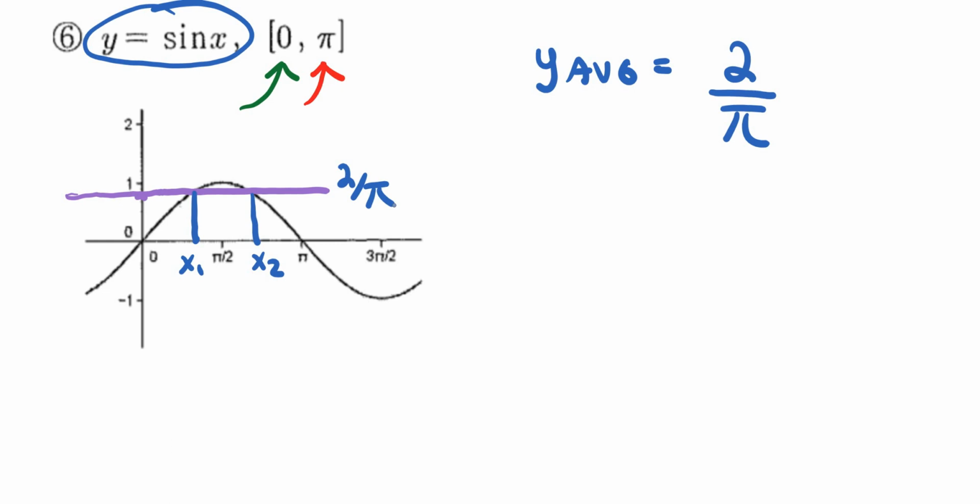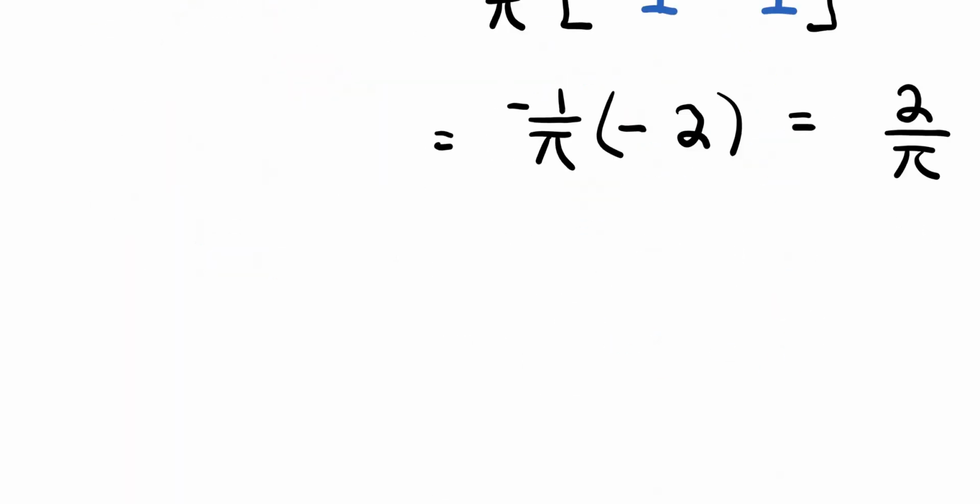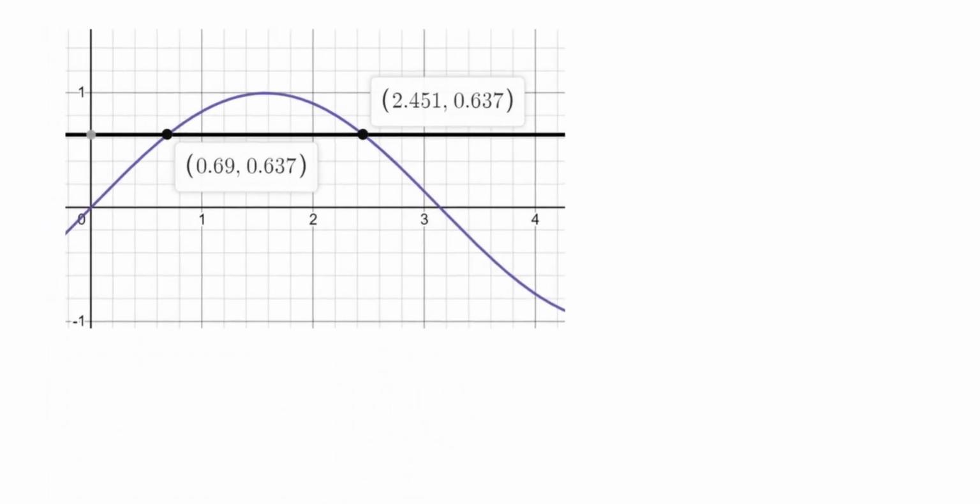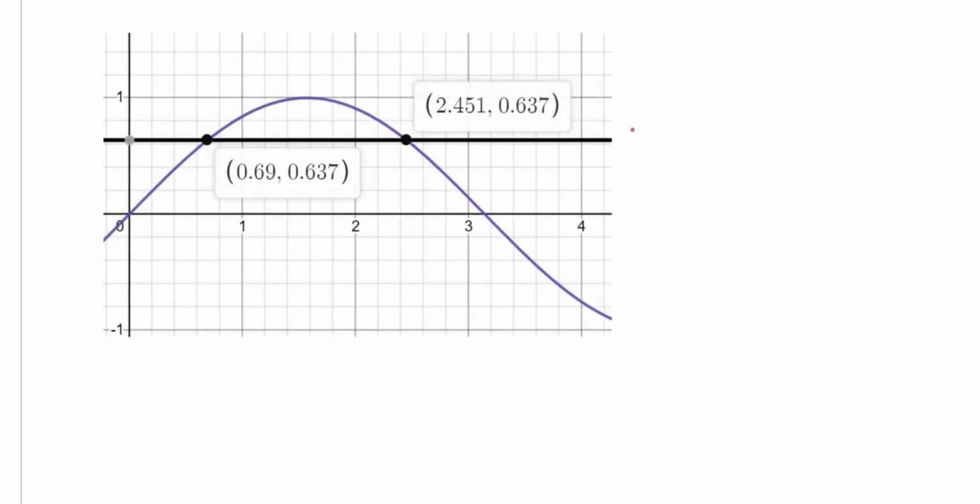It's just very hard to solve this particular equation, 2 over pi equals sine x. This is not a simple trivial one where you have exact values. So you would actually have to go to a graphing calculator, graph this out and find the x-intercepts. If I give you a visual right here, this is going to be 2 over pi, the average value.